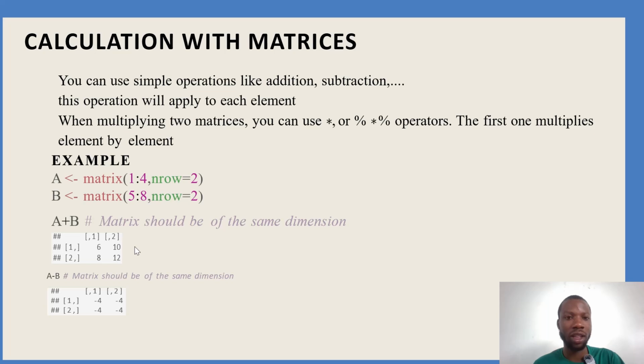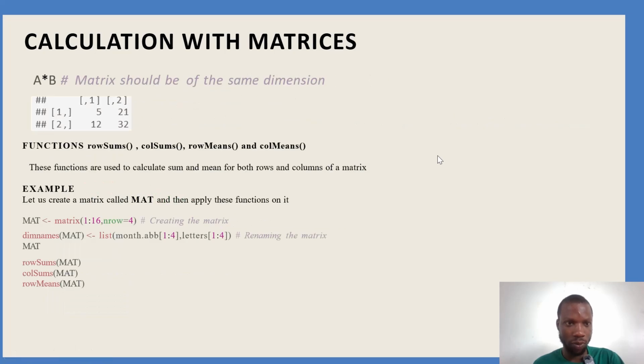When we are multiplying two matrices, of course, we will use the star, or you can use the percentage star percentage operator. So A times B, the matrices should be of the same dimension, like the number of rows and columns at the same time. You have to make sure that they are the same.